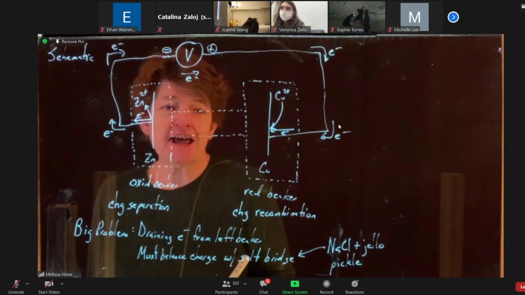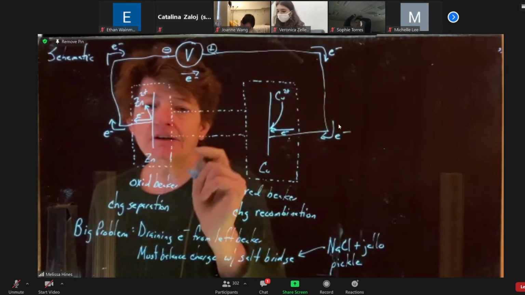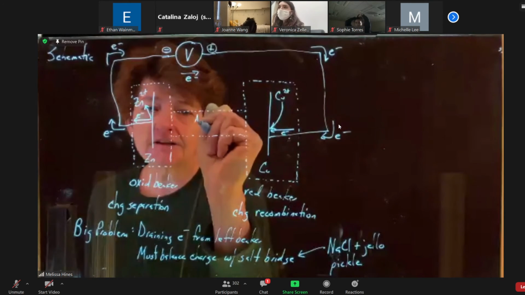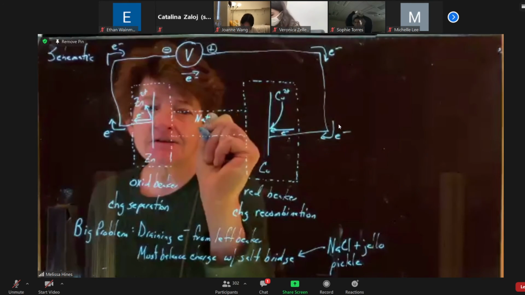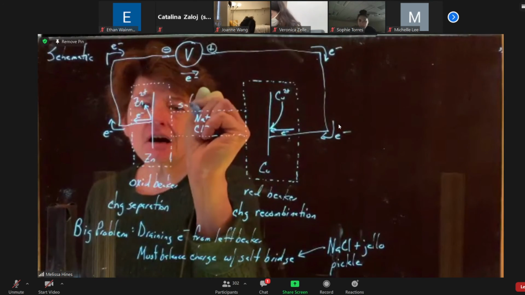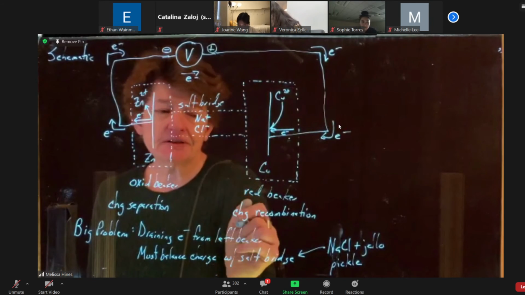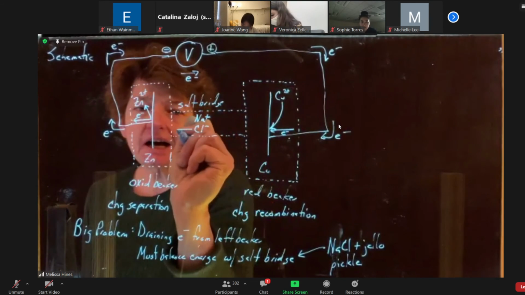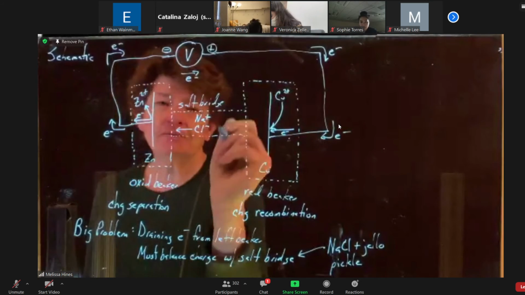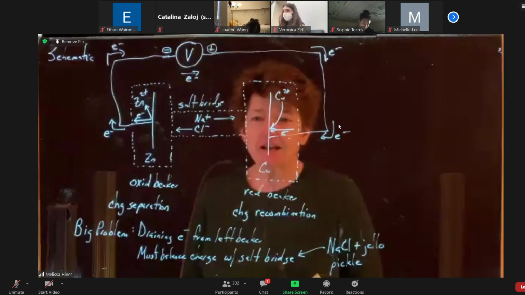And so what's going to happen now is we're building up a positive charge on this beaker, and we are going to have sodium ions and chloride ions in our salt bridge. Because of this, the chloride ions are attracted to the positive beaker, and the sodium ions are going to be attracted to the negative beaker.